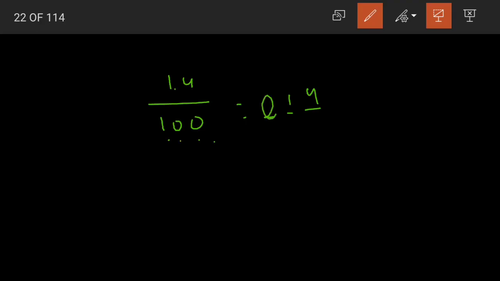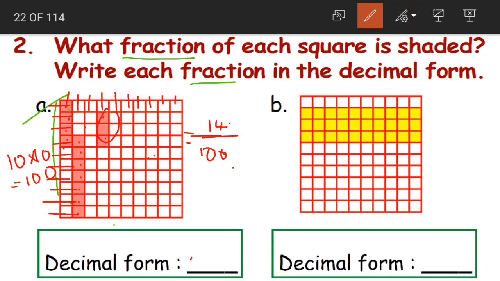And coming to the decimal point, 100 has 2 zeros. So after 2 digits from the right, I will place my decimal point. 0.14 becomes the decimal number that is representing the given figure.